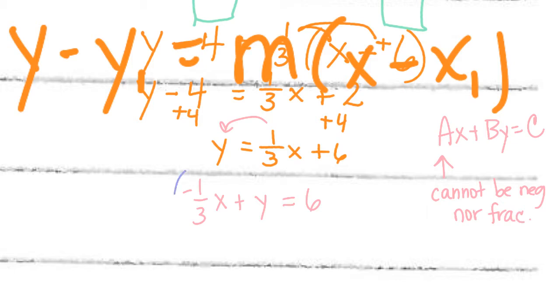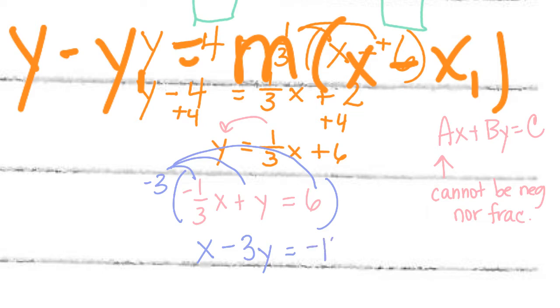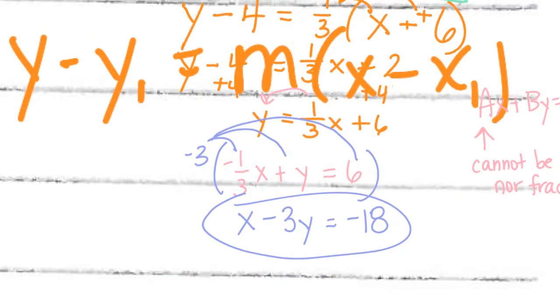So I'm going to multiply everything through by negative 3. And when I do that, I get rid of that fraction and that negative. Negative 3 times negative 1/3 is just 1x, or x. Negative 3 times y is negative 3y. And negative 3 times 6 is negative 18. This is what we were looking for in standard form.